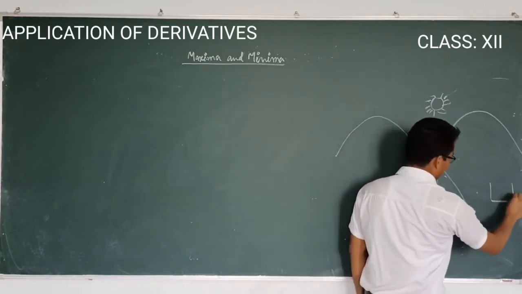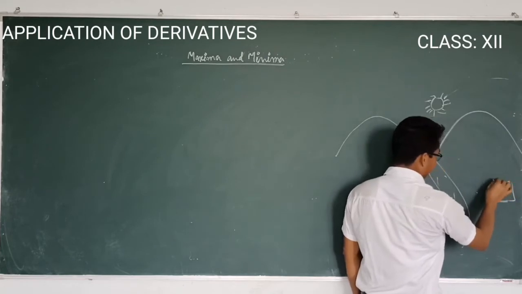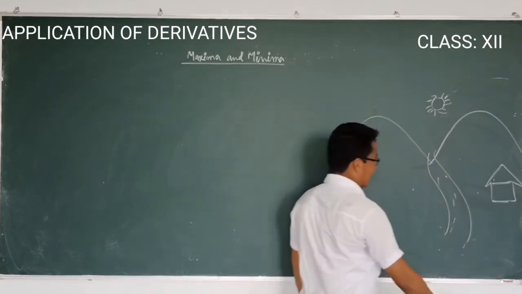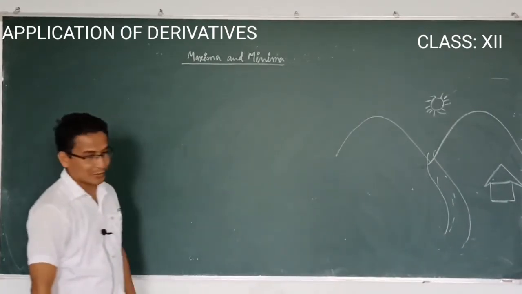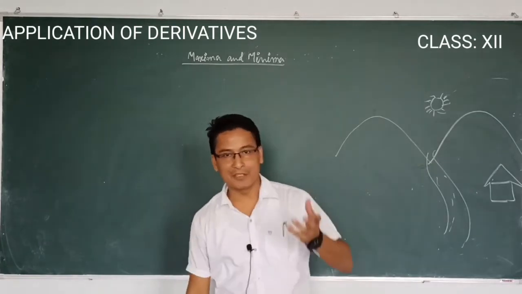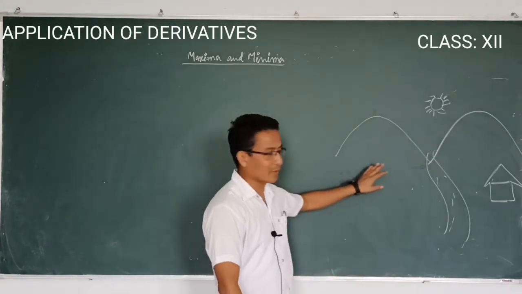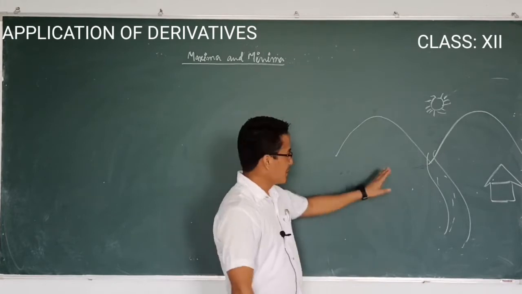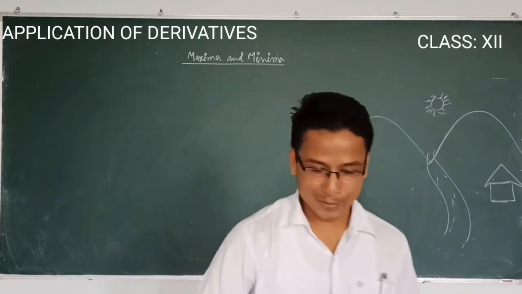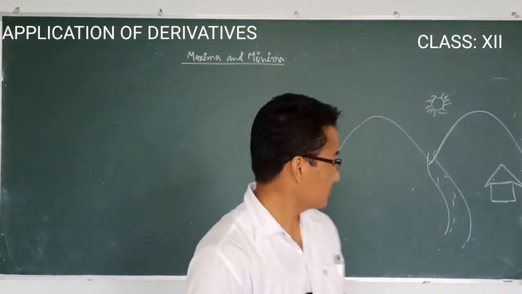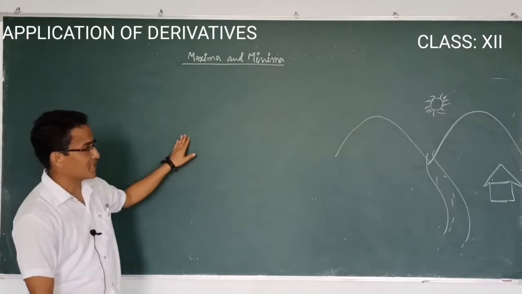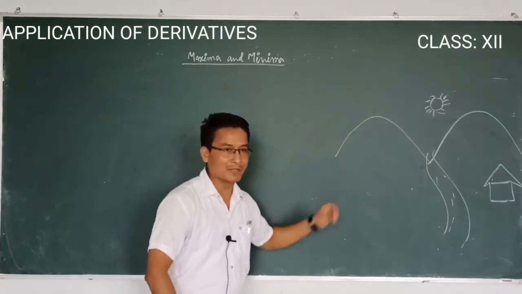My drawing is not so good, adjust it. And somewhere a river is flowing, and there is one small house here. Everybody draws this drawing when they are in lower class. I think my first drawing is of this type only.